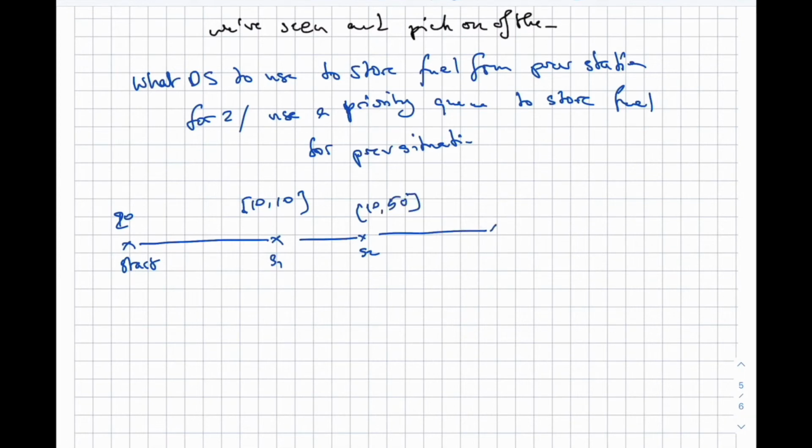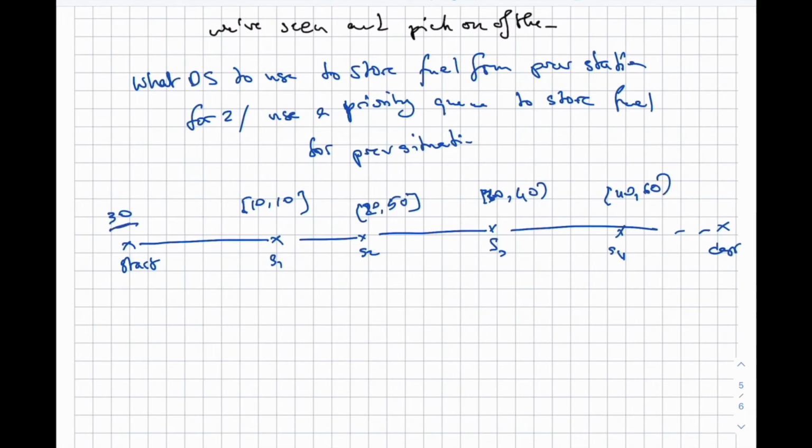And let's say we have another one, S3, that is 30 and has 40. Initially we have 30, and then we have S4 and the destination somewhere here. Let's say it's 40, and we have 60, right?